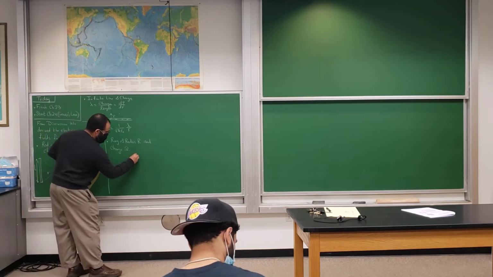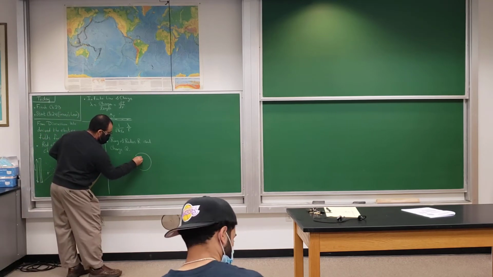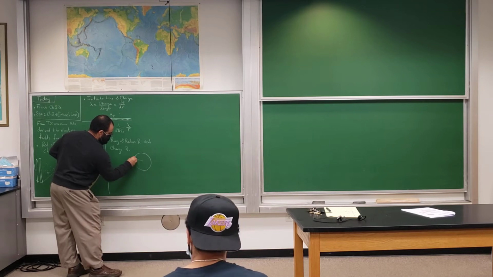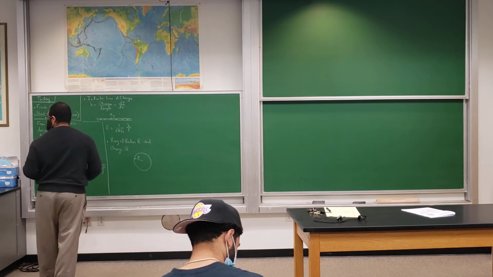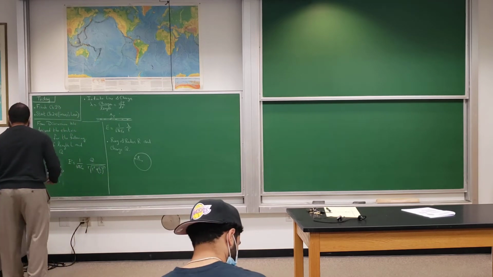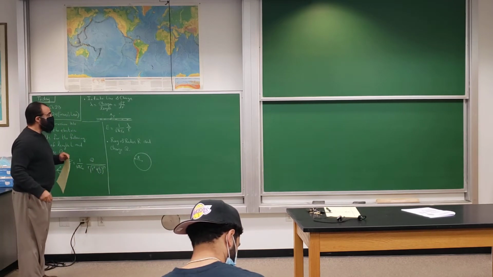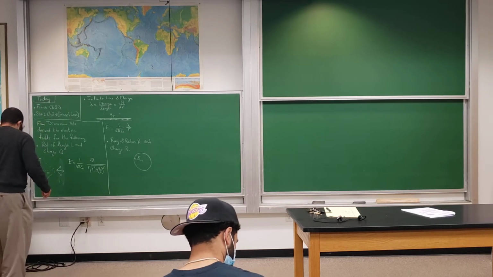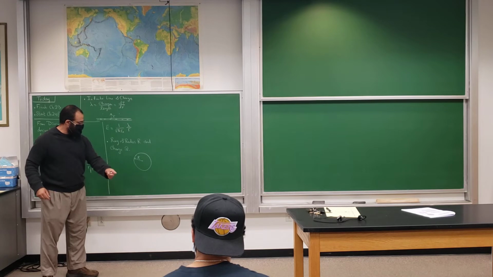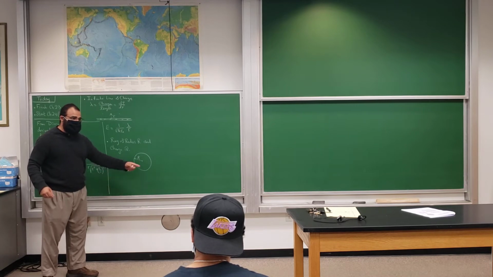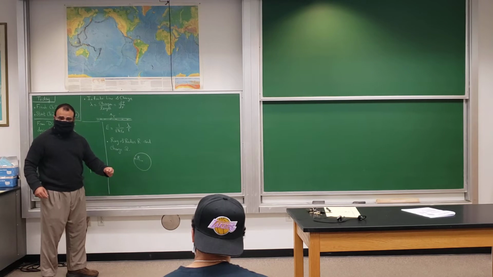So here is a ring, and it has a radius r. I was thinking I had a ruler or a meter stick. I don't, but if I have an axis here, what is the electric field for an axis perpendicular to the center of the ring? So what is the electric field there?